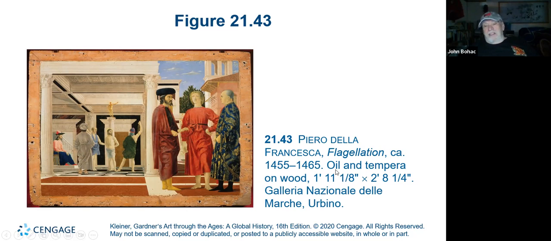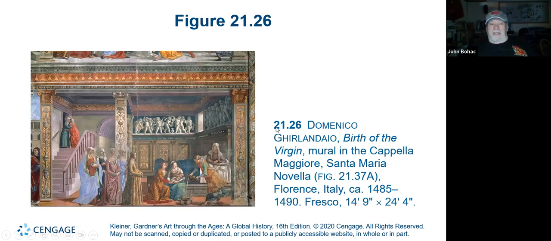The other part of this is that we start to see the emergence of oil paint in Italy. There's a lot of exchange going on between Florence and Northern Europe. And so the birth of the Virgin, we see all of this believable space.